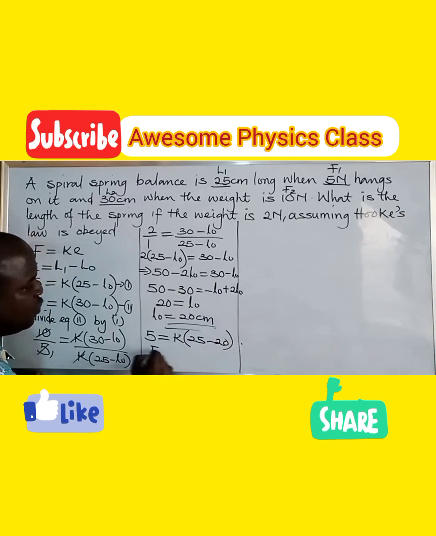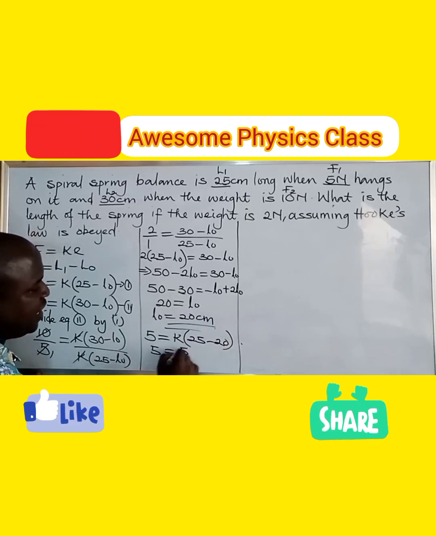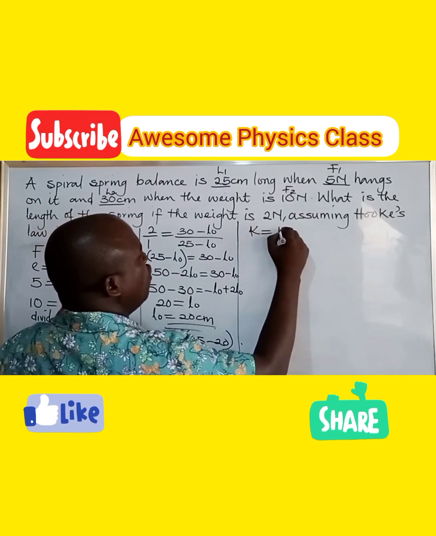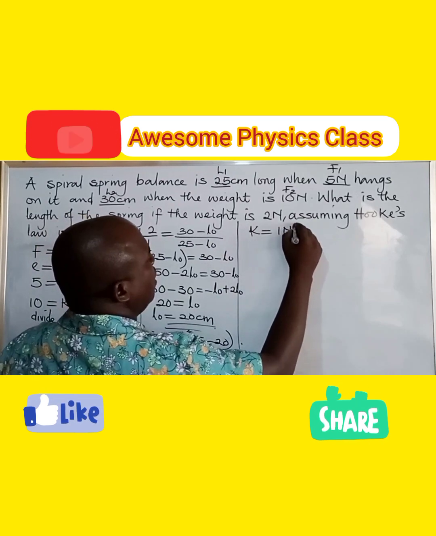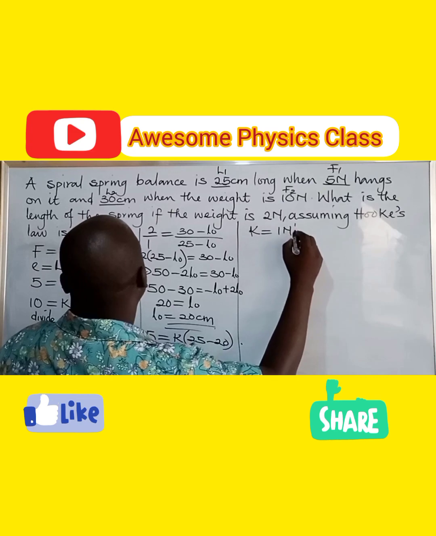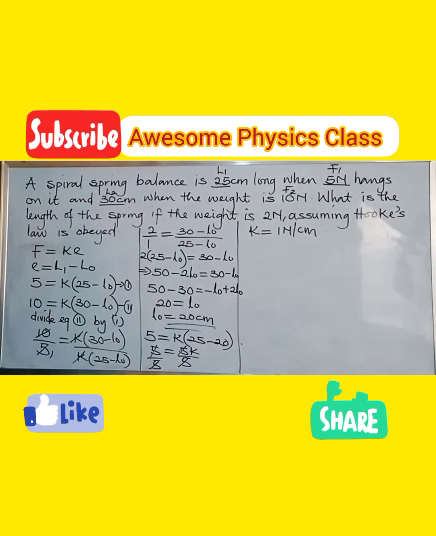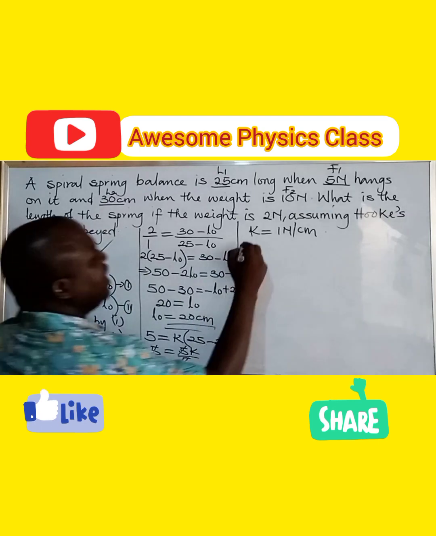So my 5 will now be equal to 5K. So divide by 5, divide by 5. 5 we cancel. So our K will now be equal to 1 Newton per centimeter.